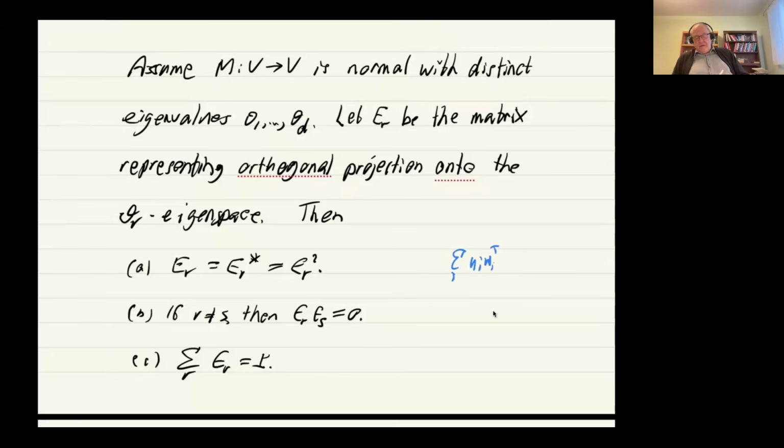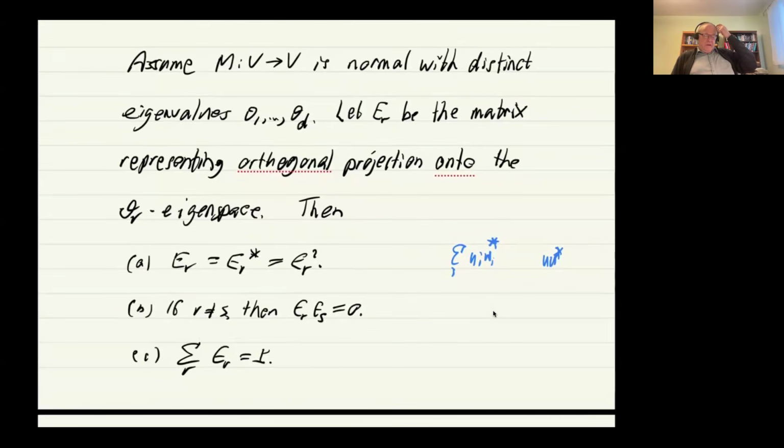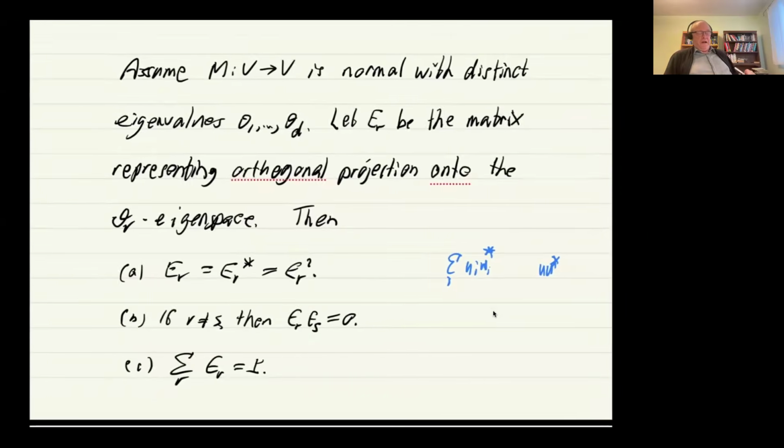Your life is simpler if the eigenvalue is simple, because in that case there's only one term in the sum, and you're looking at u u star, which is a rank 1 matrix, and that's very easy to write down. Whereas if you've got a bunch of these, it's a bit of a pain to add them all up. But if the eigenvalue is simple, then the projection is easy to work with because it's a rank 1 matrix. Okay, let's get back to it. So this is really just the diagonalization of normal matrices written out in a slightly different form.